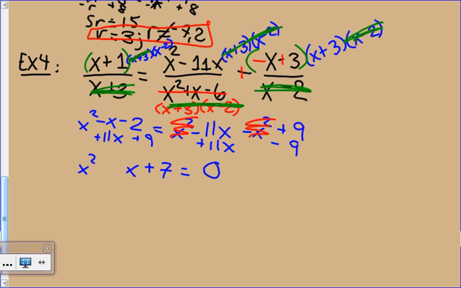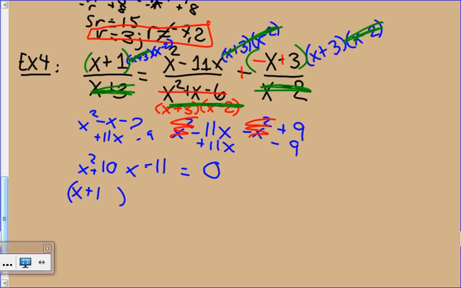Perfect. Okay. Alright. Now we're dealing with 10x and minus 11, which has a factor.